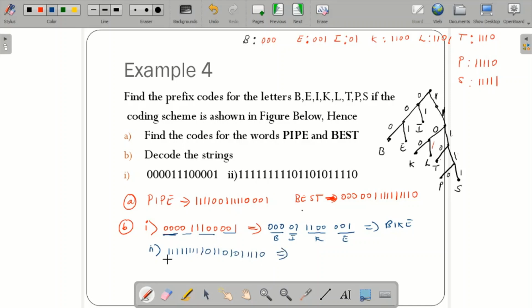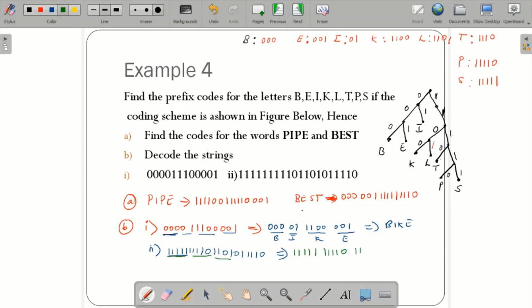So this can be split. Check for 5 ones anywhere, continuous ones, it is S. So I'll change the color. I can put 5 ones together. After 5 ones, anywhere there are 4 ones and a 0? Yes, 4 ones and 0 is nothing but P. So till here it is done. Then 1 1 0 1, yes, L is there.